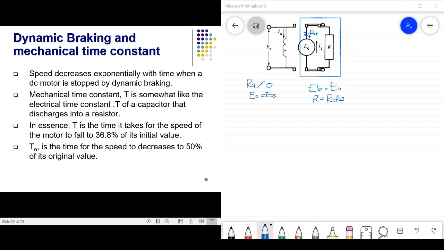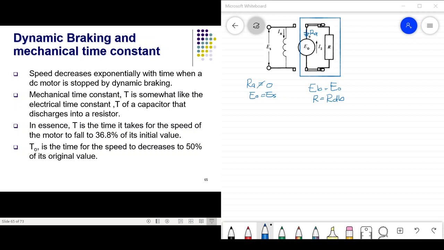Dynamic braking and mechanical time constant. I have mentioned that the speed decreases exponentially with time when a DC motor is stopped by dynamic braking. So we can speak of a mechanical time constant T in much the same way we speak of the electrical time constant of a capacitor that discharges into a resistor.